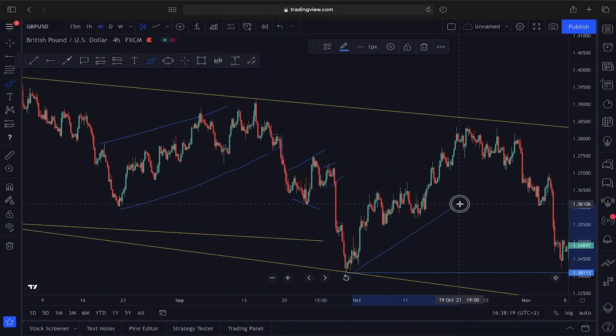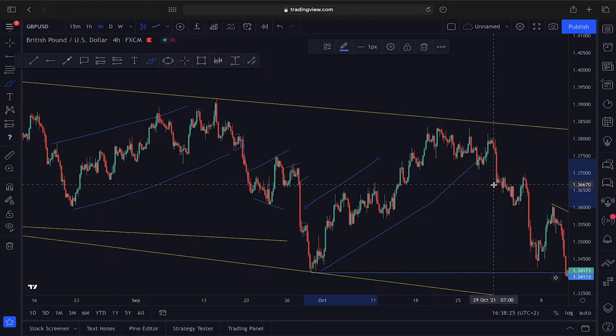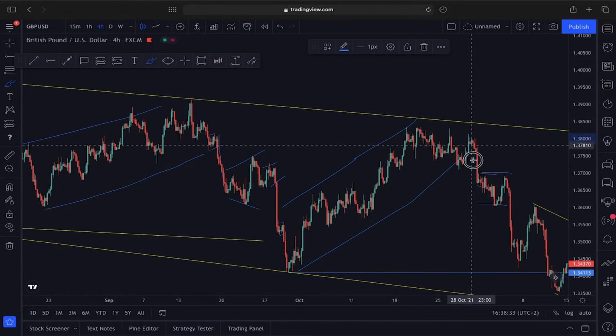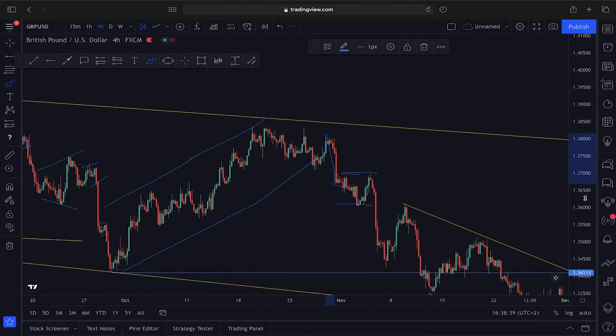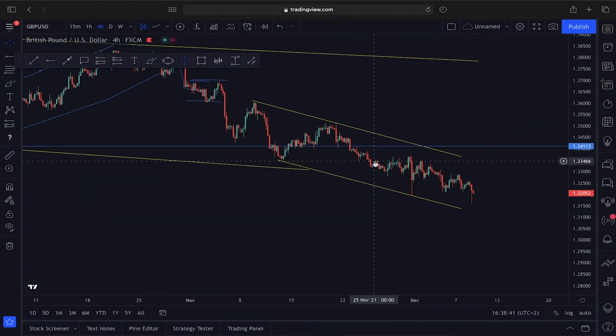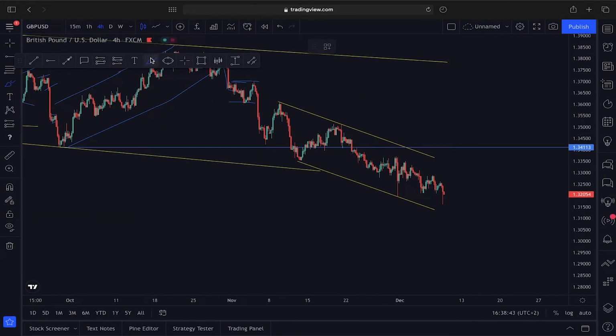We then formed another correction, and just like the first correction, we had a bearish flag just after our initial bearish impulse.